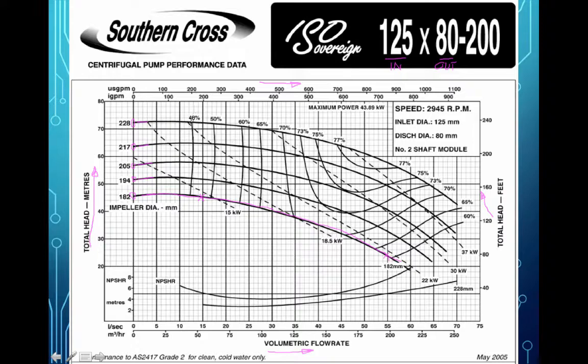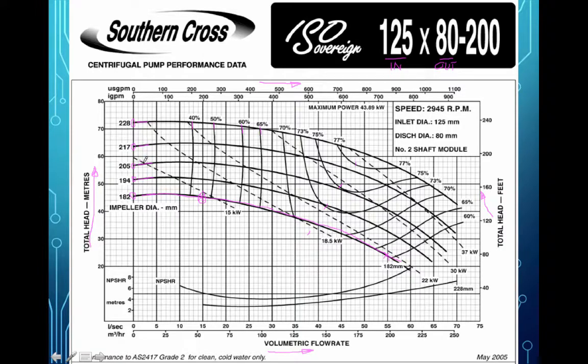Okay, these curves here, the ones that are labeled percentages, those are wire-to-water efficiencies. So over here in this location, we're not running that pump very efficiently. But we get around here, and these are the efficiency sweet spots.